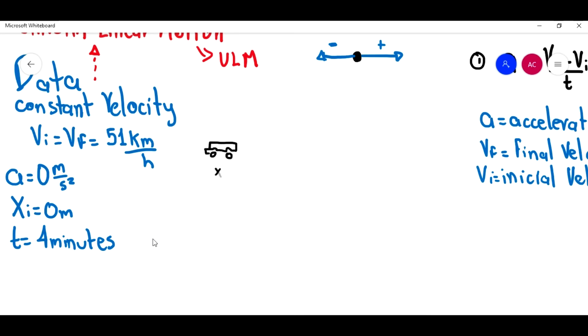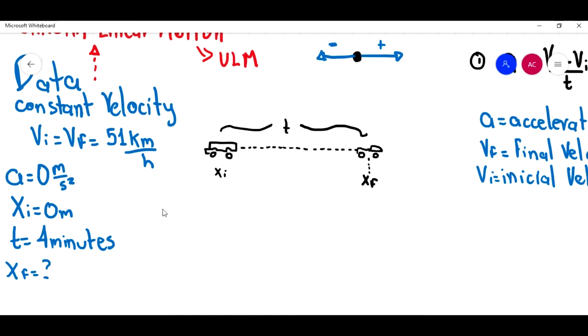This is the initial position, so the car is going to be moving, and after 4 minutes, it's going to stop, or I don't know, it's going to continue, but we are going to measure the distance here. So this is the time from this point to that point. Those are 4 minutes. So what will be the final position when 4 minutes ends? So this will be the final position, and that's the letter that we are going to find.